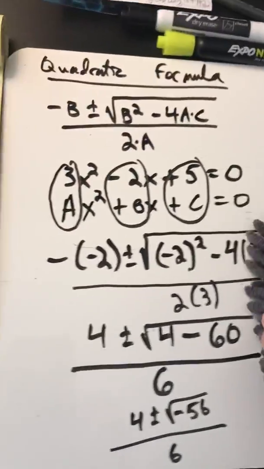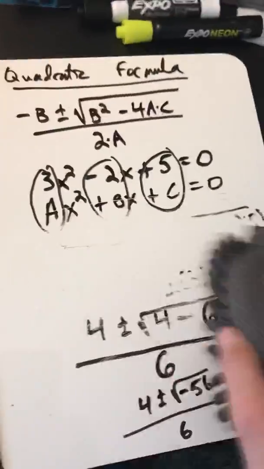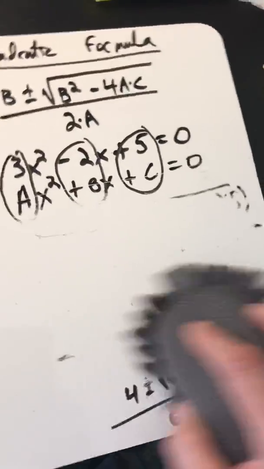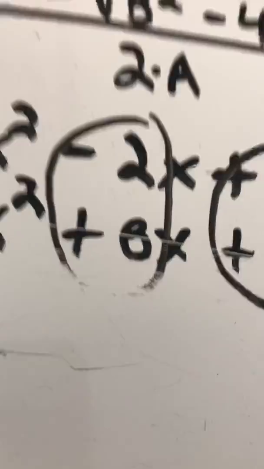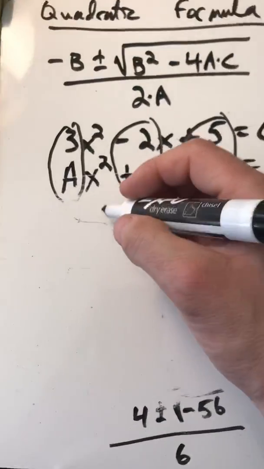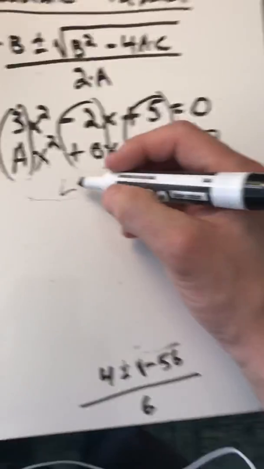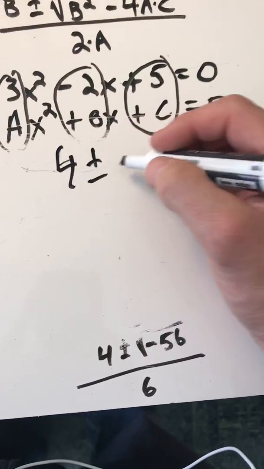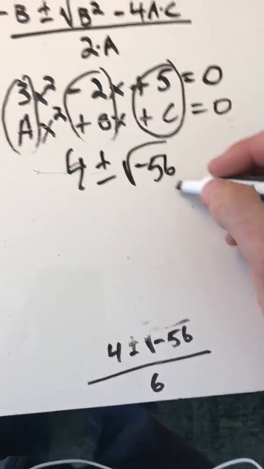Let me erase this. Okay, 2 plus or minus the square root of negative 56 all over 6.